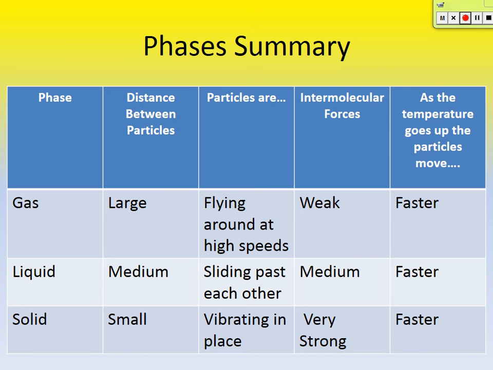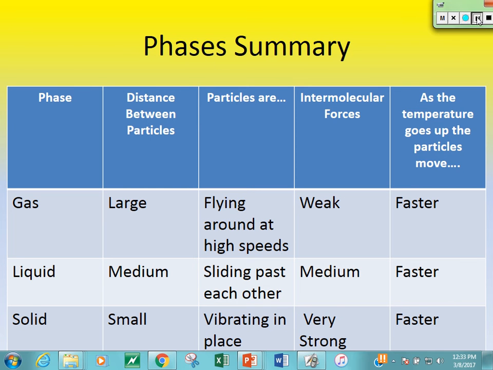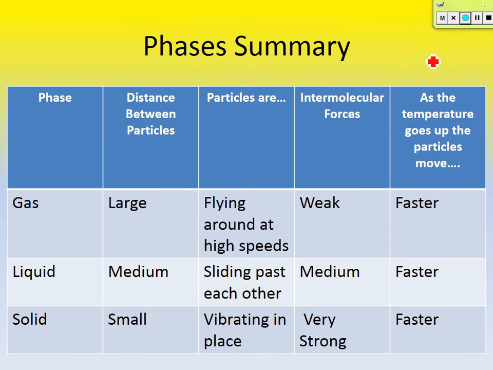To finish up the introduction to phases, I've got this phase summary table in the guided notes. I'd like you to fill this out. Everything on this table is very important for you to know, so as you're writing it down, pay attention and try to learn this stuff. If you're watching the video, please hit pause and fill out your table before you move on. Okay, hopefully you got this table filled out. I just wanted to go over it real briefly.